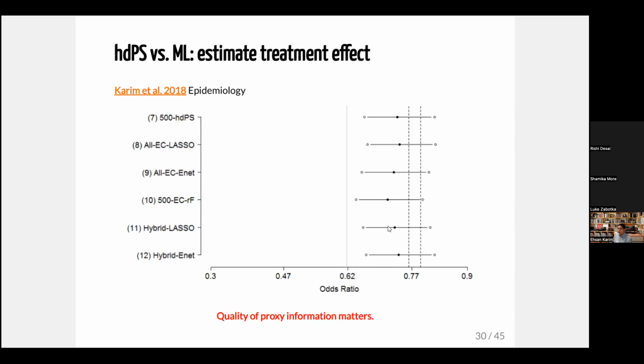They were still better than the propensity score estimate that we got without the empirical covariates, but they were not exactly within these two vertical lines. So obviously one finding from our analysis is that the quality of proxy information matters, because we did not have many data dimensions. We were dealing with only 4 data dimensions, and that's probably why we were not able to supplement all of the unmeasured confounding using this proxy data information.